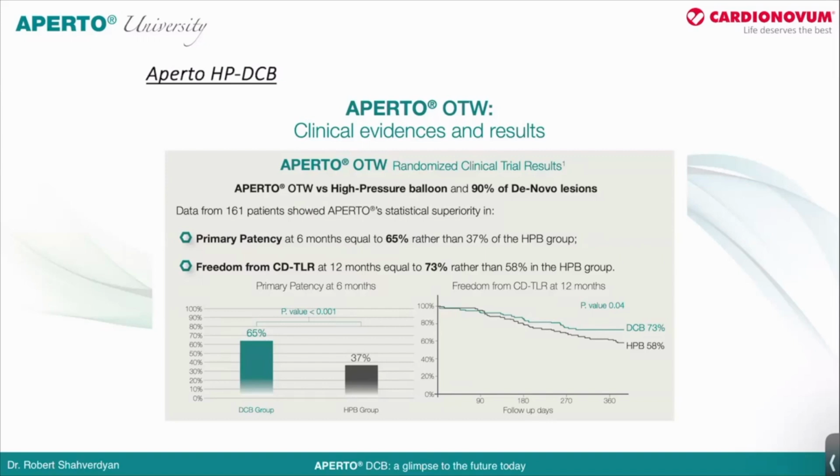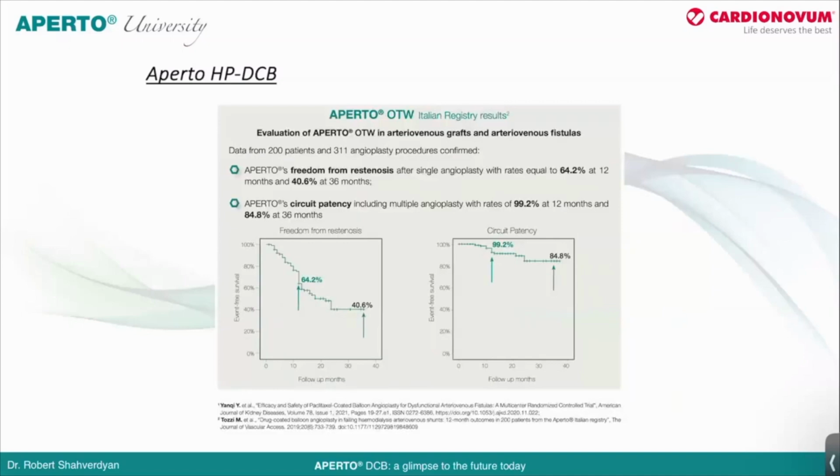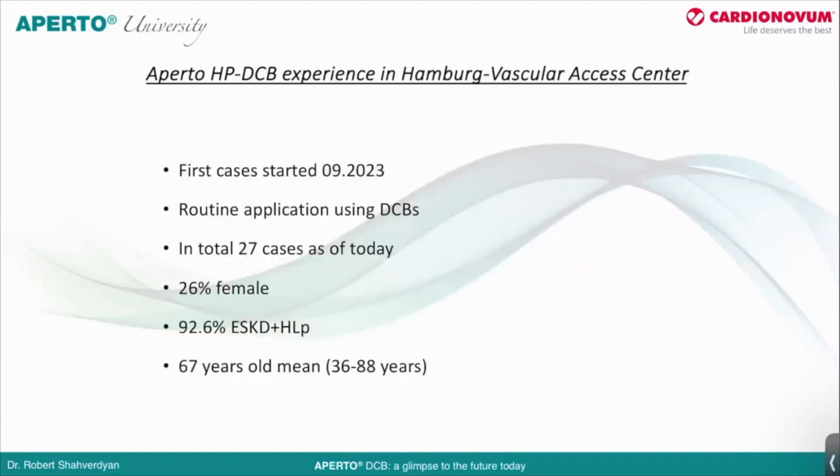But when I saw that there was evidence behind this balloon in dialysis access, this triggered my interest in trying the Perda balloon in my patients. And this is an RCT, and we already heard the experience of Dr. Tozzi with his extensive registry from Italy, now reaching 600 patients. So that was actually an interest of mine to try the balloon.